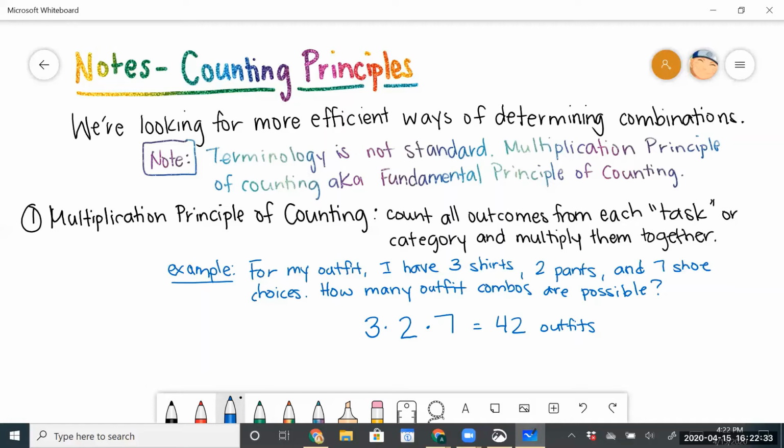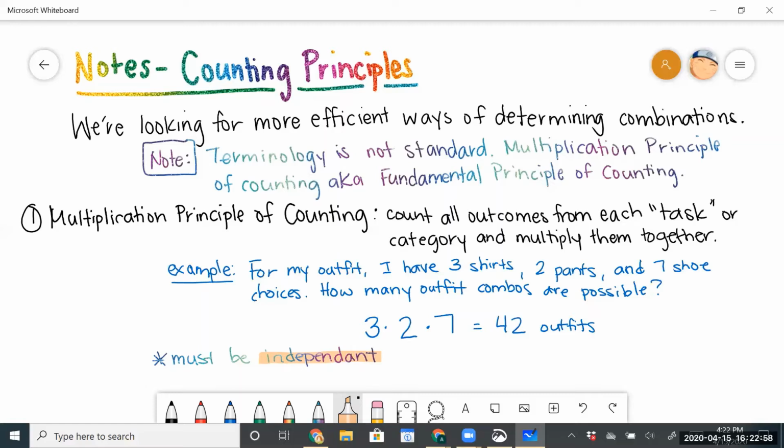Okay, one thing that might be important to note here is that in this example, things must be independent. Okay, that's important. And let's talk about independence for a second. Independence is pretty much this idea that one thing does not rely on another.